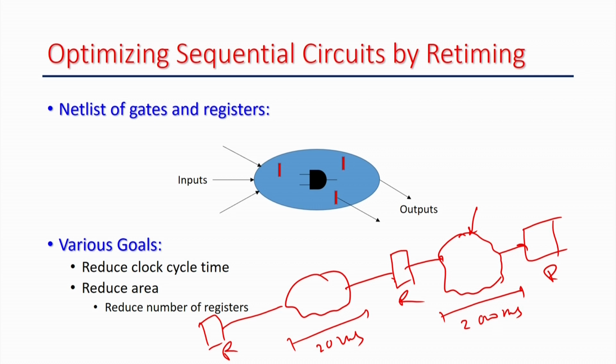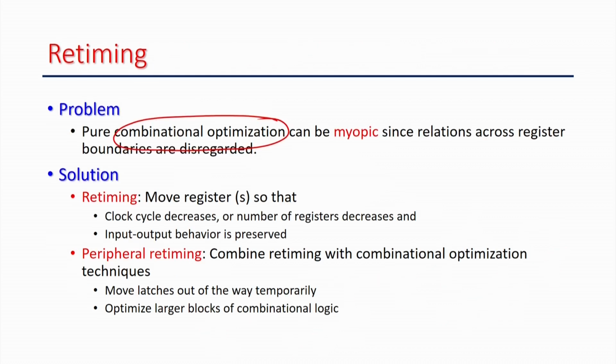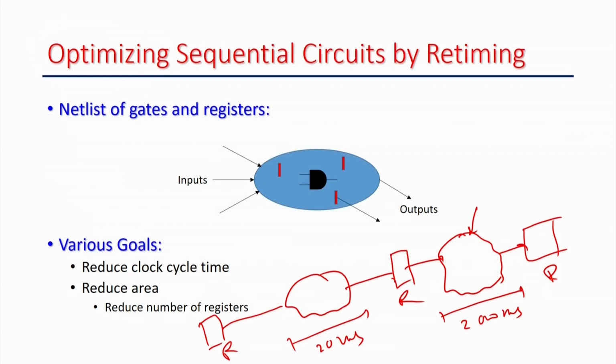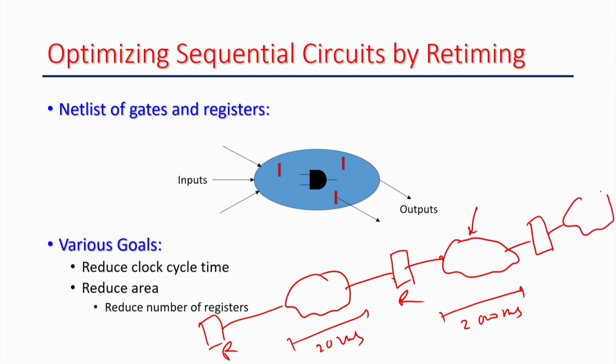In that case we have to do some kind of sequential optimization, and one of the sequential optimizations is retiming. What is this? We try to move the registers. Instead of putting this register here, we can have a smaller combinational unit here, then put the register here, and then another combinational unit here. So this may be 100 and this is 100.